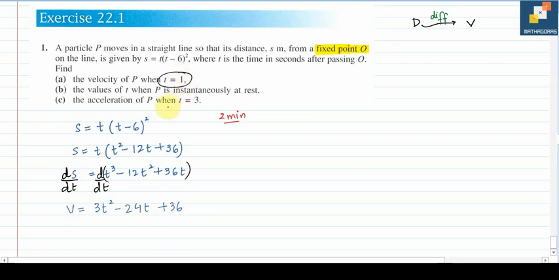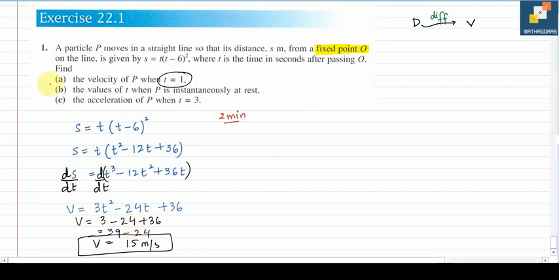So now you substitute the value of t. v equals 3 minus 24 plus 36. So 3 plus 36 is 39, and 39 minus 24 gives you 15 meters per second. That is the value of velocity when the time is 1.